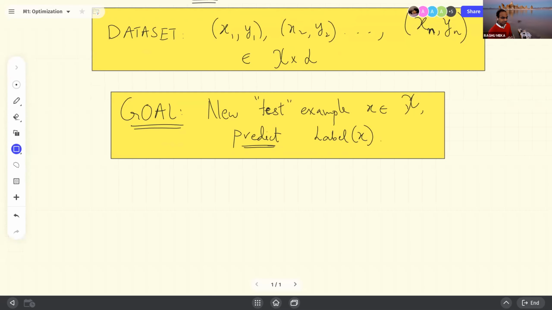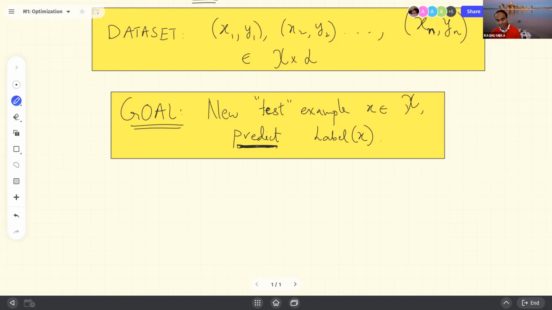Remember that we are not given the test example as part of our goal. Our goal is to design this prediction mechanism, okay? And we want this new prediction to be accurate, as good as possible.